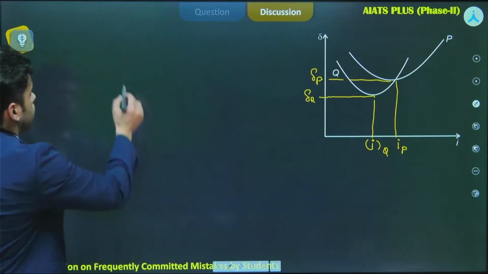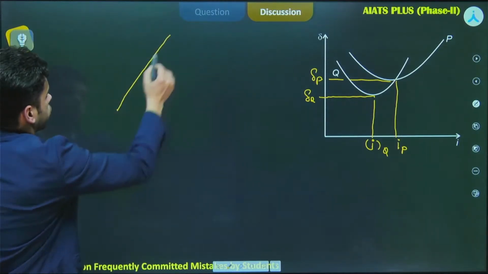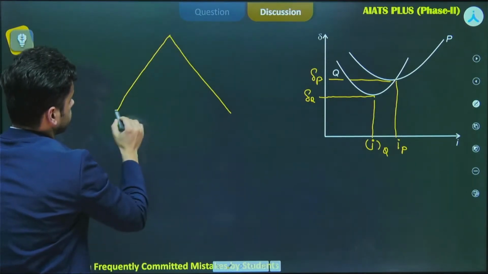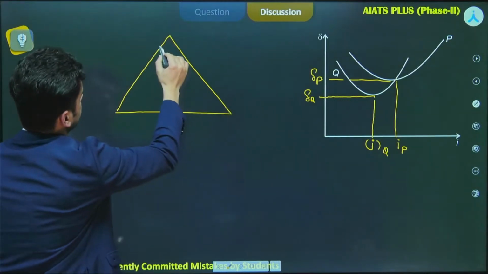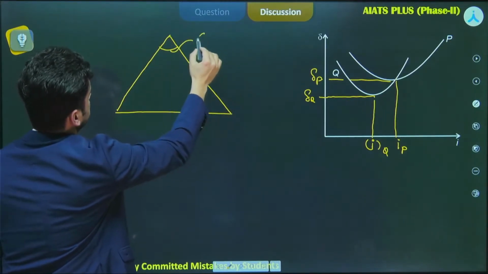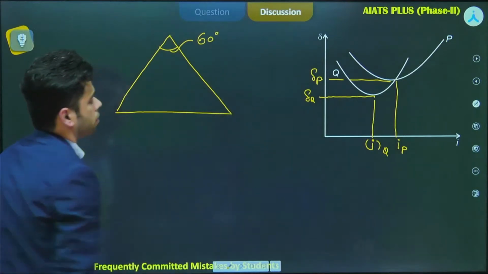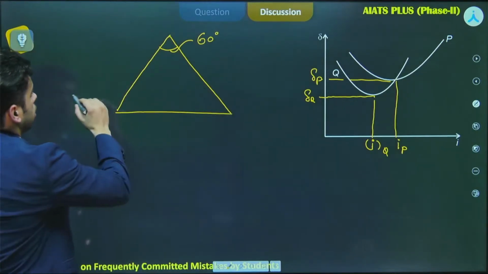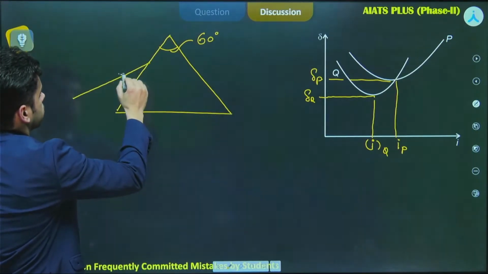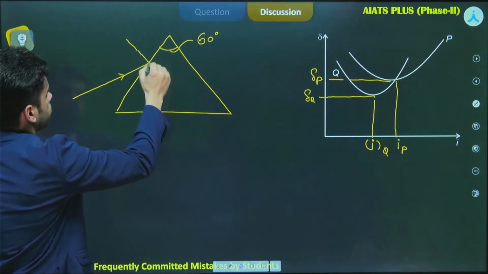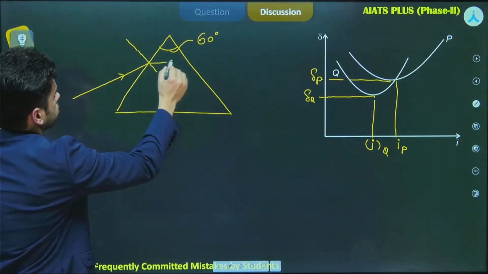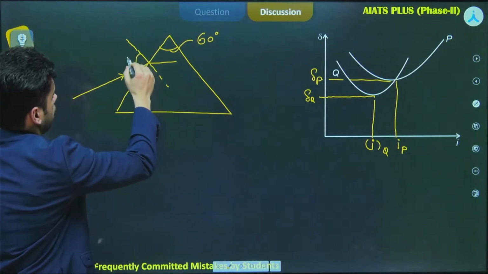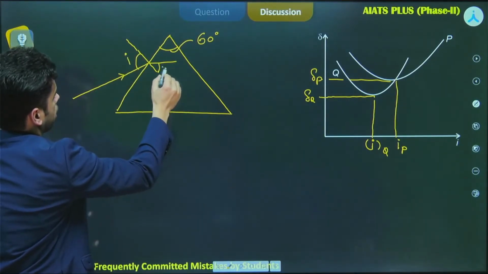Now if I draw the prism right in front of you, this is the prism, and the prism angle is equal to 60 degrees. Now, if a ray is incident like this, this will be the normal, and suppose the ray goes like this. So this will be the angle of incidence and this will become your angle of refraction, R1.